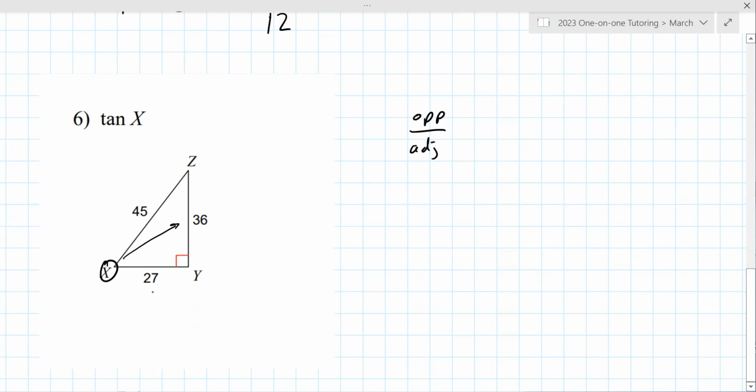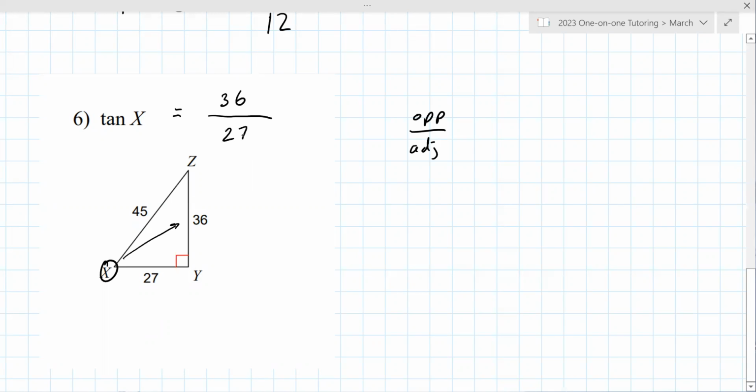What is adjacent to x? 36 is opposite. 27. Very good. So what's the result? Opposite over adjacent. That's 36 over 27.